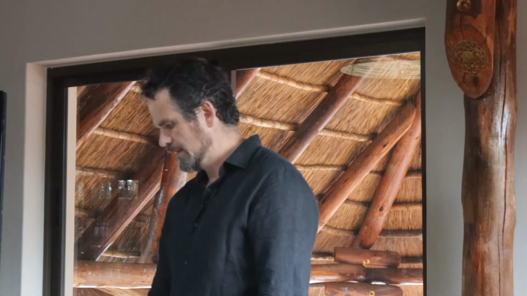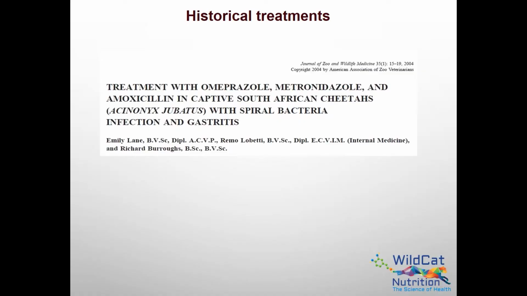And usually there the animals are very unwell, they're depressed and so on. So it's not the same as for a gastritis case, where the animals appear quite normal in between the bouts of vomiting and so on.